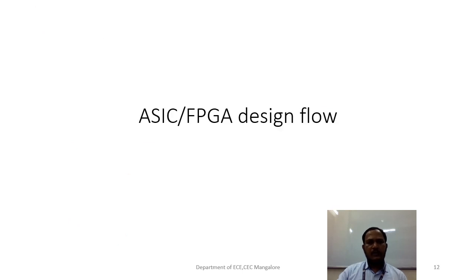Next we'll start the design of the ASIC and FPGA flow. It is similar to your digital electronics lab design. First, you have to get a problem statement, which is nothing but a statement, like design a 1-bit full adder, or design a NAND gate.